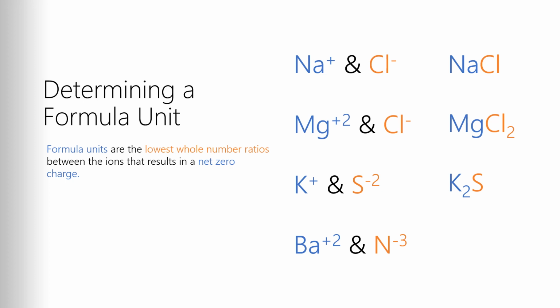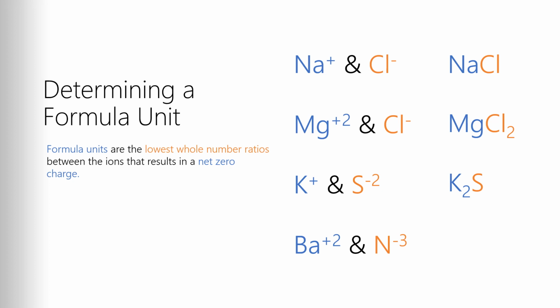Now the last group, barium and nitride. Barium is plus 2, nitride is minus 3. At first it's like, how do I balance those two? It's really pretty simple. Look for the lowest multiple they share. For 2 and 3, the lowest multiple they share is 6. So I try to get each of them to a charge of 6.